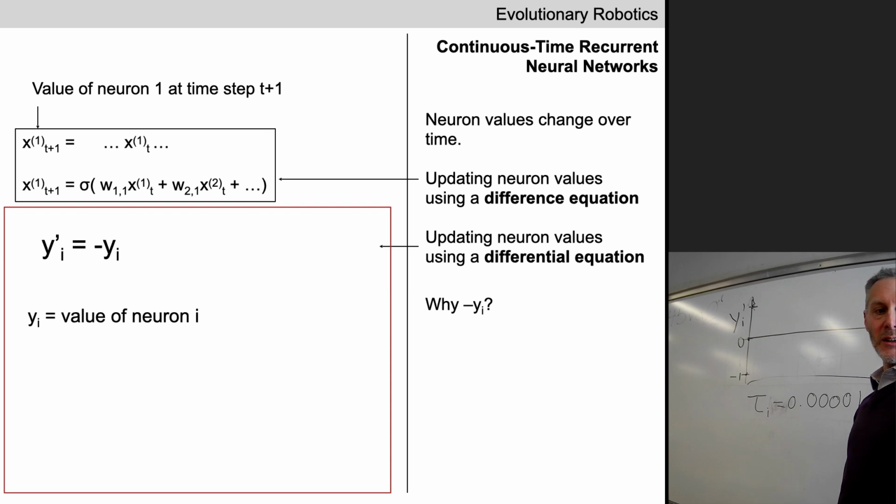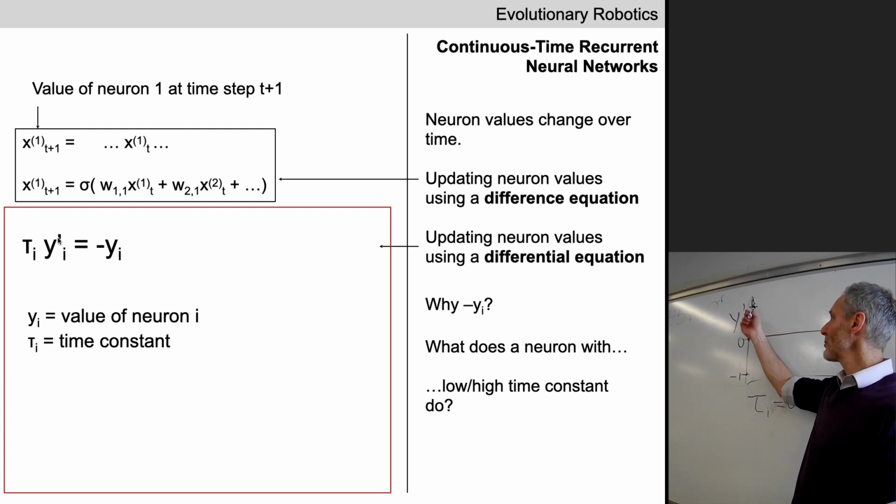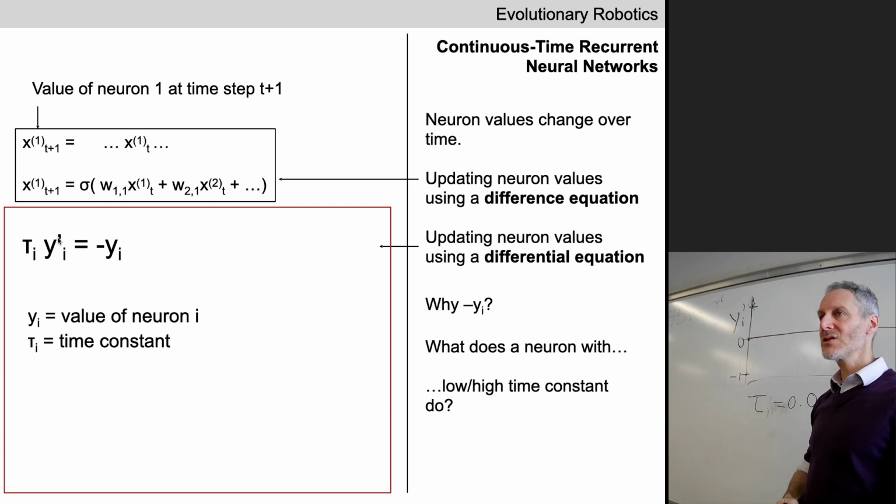It's going to change differently than it did before because we've made a difference. We've changed our description of how y sub i changes over time. Is the neuron's value going to start to decay towards zero still?